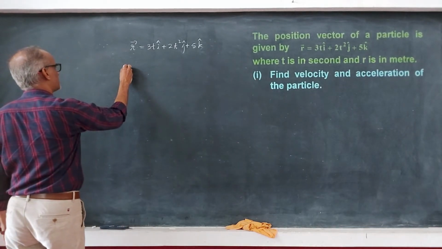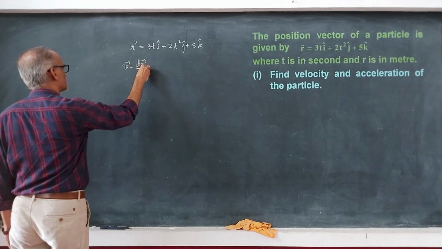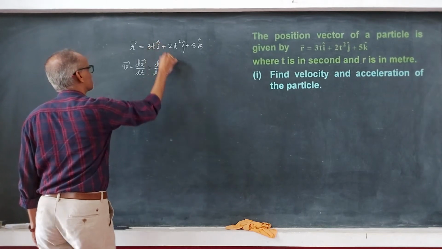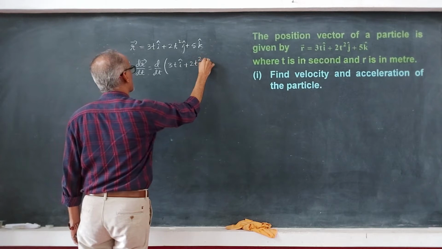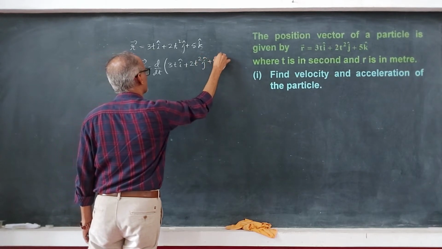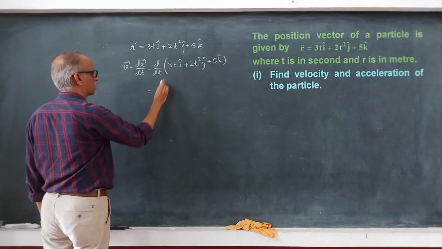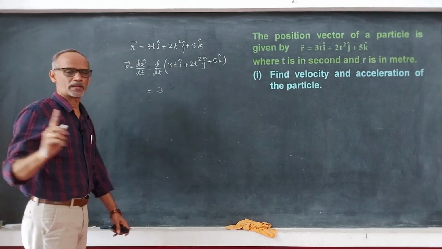So, first let us find the velocity. How do you find velocity? Vector v is equal to the differentiation dr by dt, that is d by dt of 3t i cap plus 2t square j cap plus 5k. First, here 3 is a constant, differentiation of t is 1.